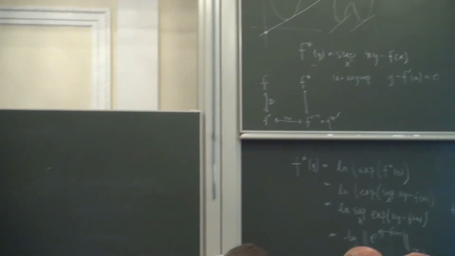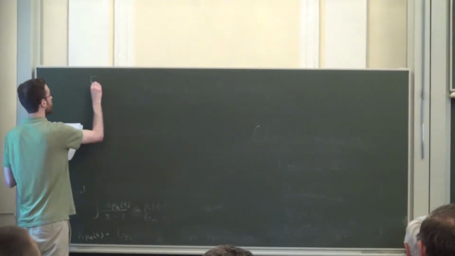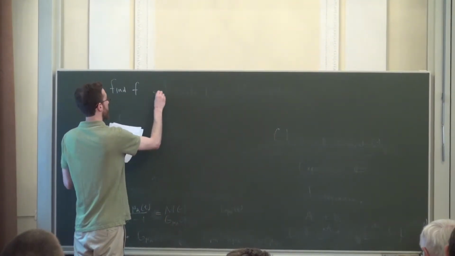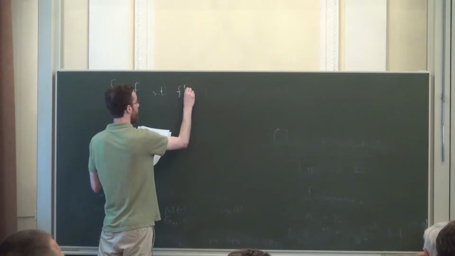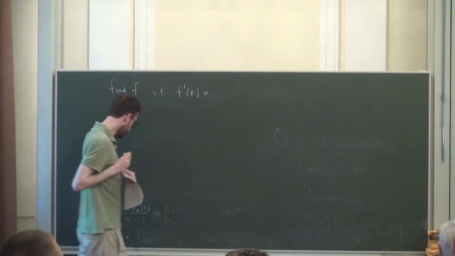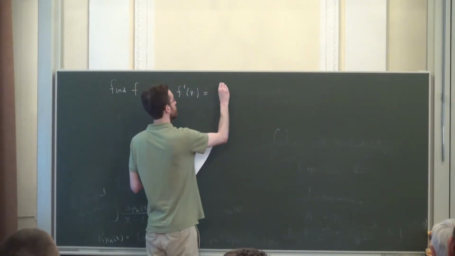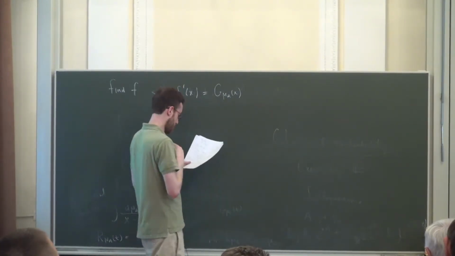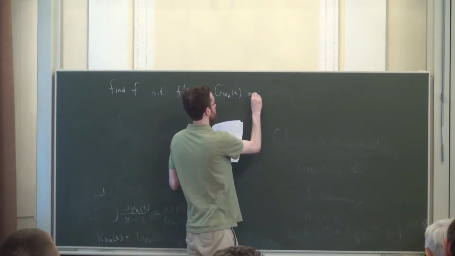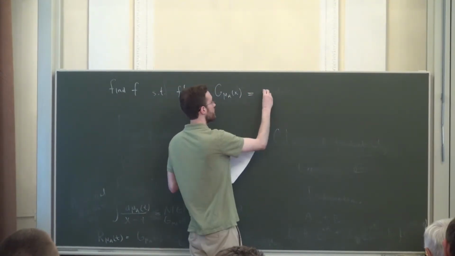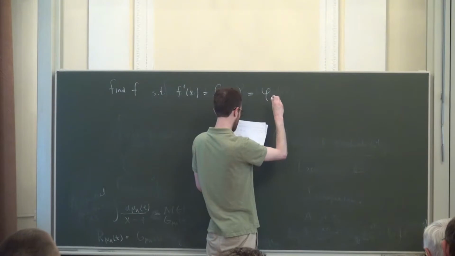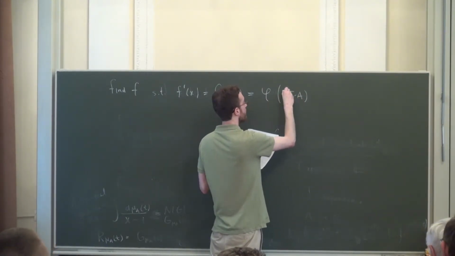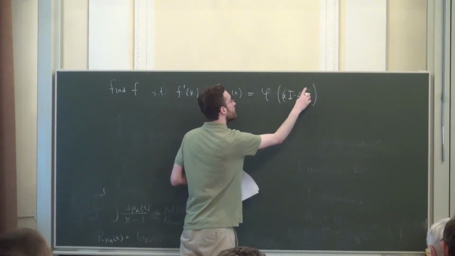So what I would like is to find some f so that f prime is my g mu a of x. And this is not hard, because another way of writing this is to have phi of xi minus a inverse.